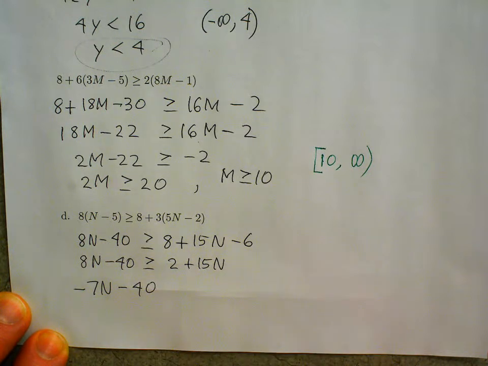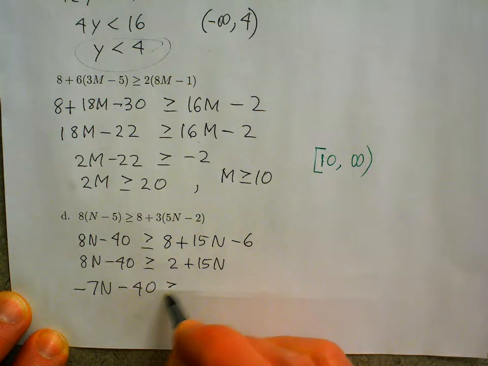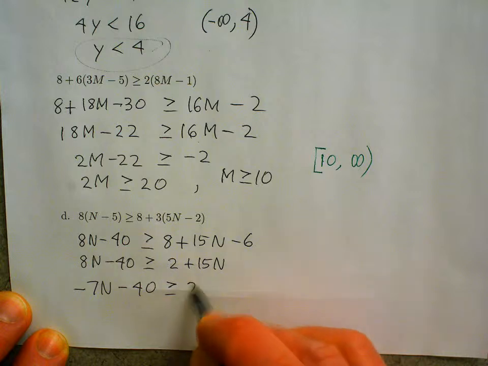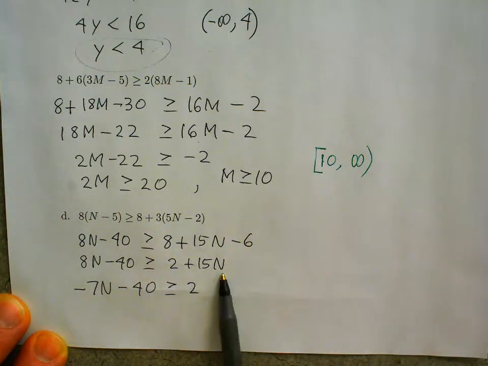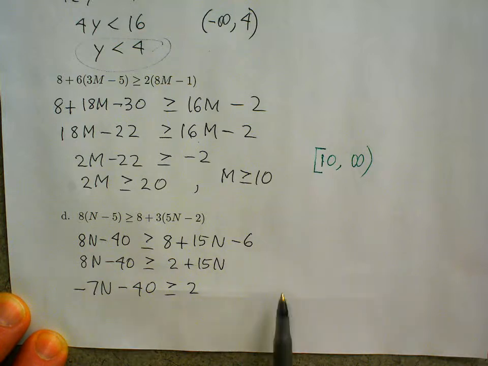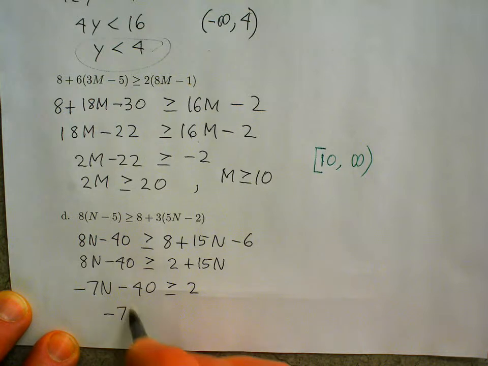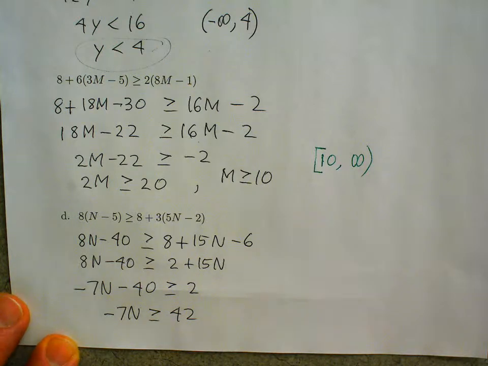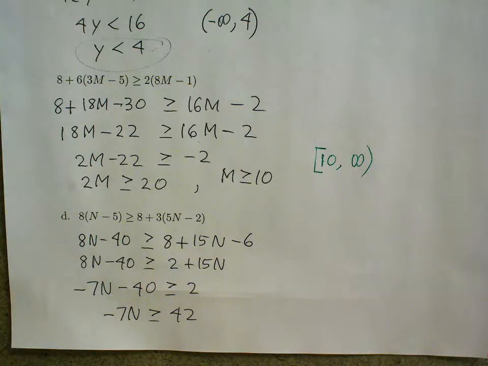So negative 7n minus 40 is greater than or equal to 2, because we also subtracted 15n from the right-hand side. The next step, add 40 to both sides. And so we get negative 7n is greater than or equal to 42, because we're adding 40. Okay, then what?